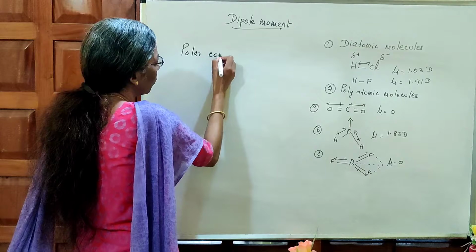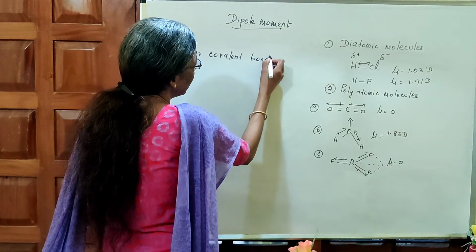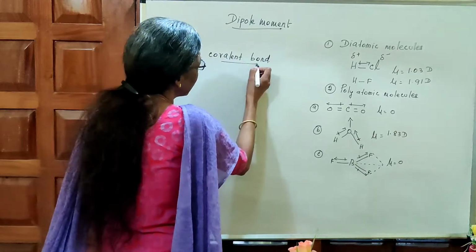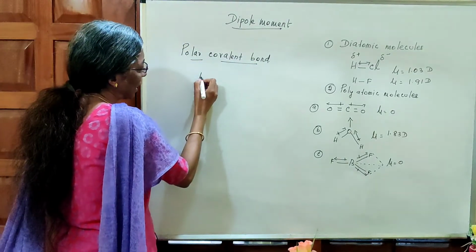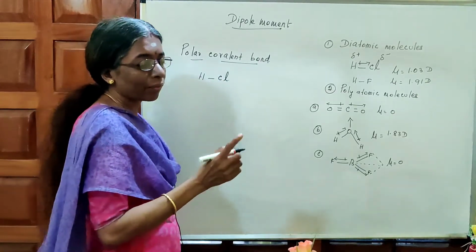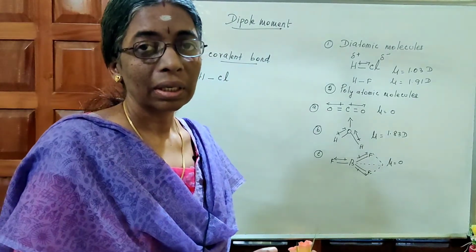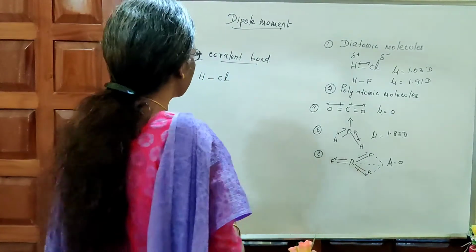Polar covalent bond. Already we have discussed it in detail, I am just recalling it. Suppose for example HCl. When there is a difference in electronegativity, electric dipoles are produced.